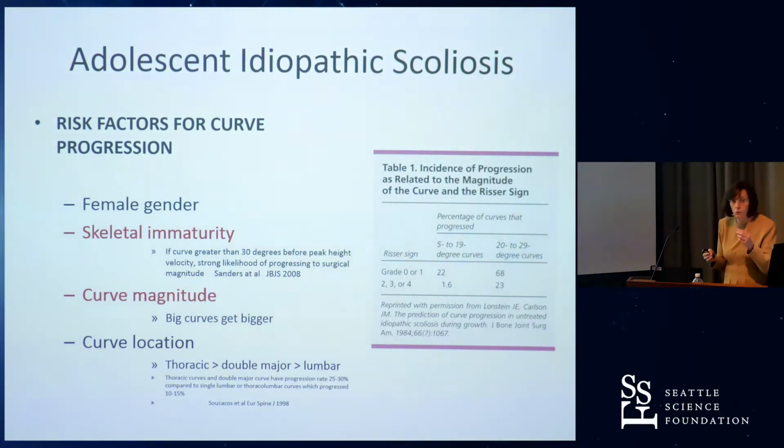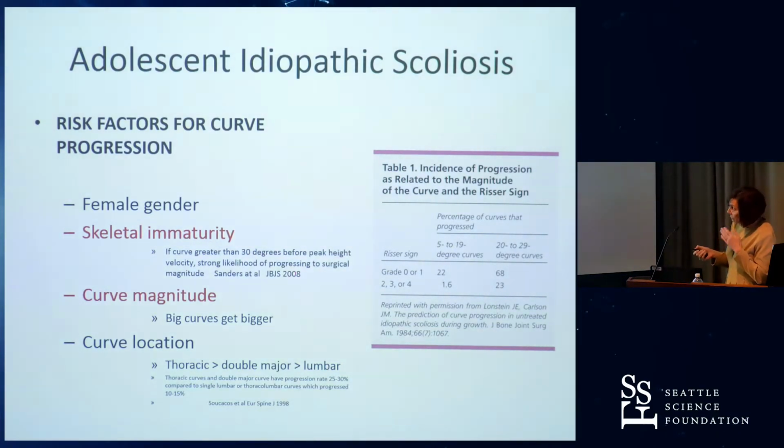So the younger you are, the more growth you have remaining, particularly if you are prior to your peak height velocity, your risk of your curve getting bigger is much higher than somebody who is done growing. We will talk about the fact that being female seems to be a risk factor, 10 to 1, larger curves are in young women.